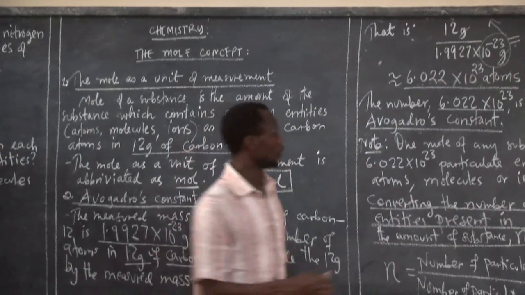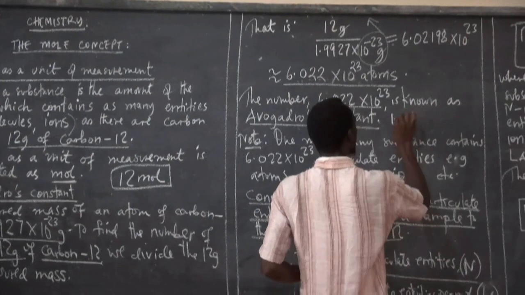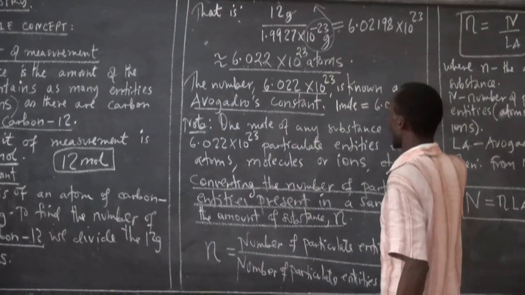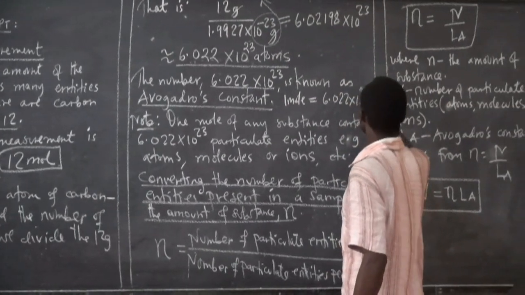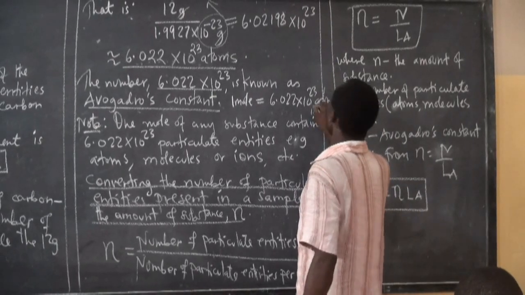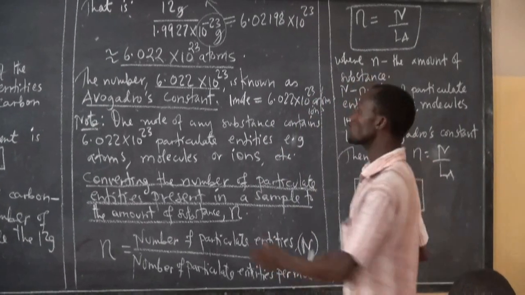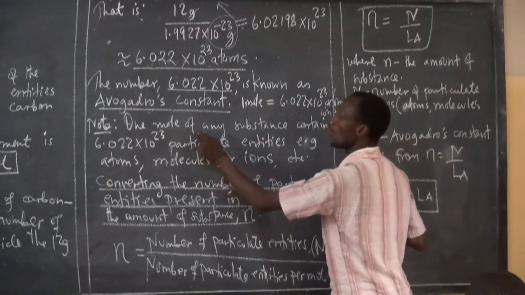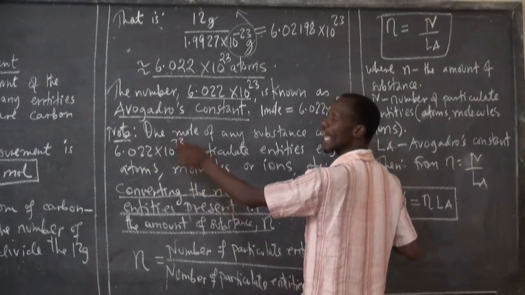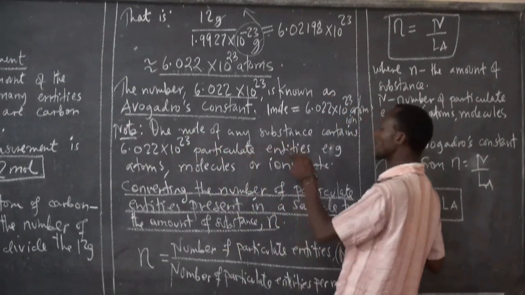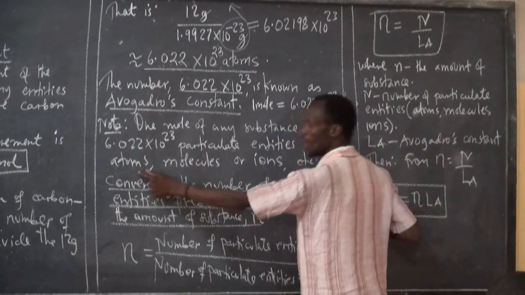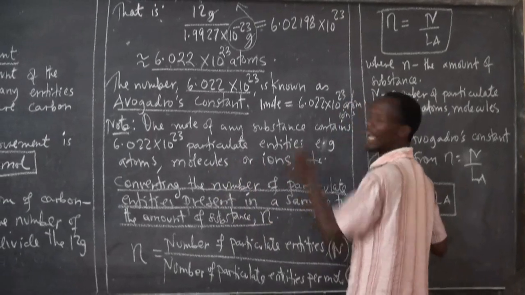That is to say, 1 mole is equal to 6.022 times 10 power 23. It may be atoms, ions, or molecules. And that is what I've written here: 1 mole of any substance contains 6.022 times 10 power 23 particulate entities, and those particulate entities may be atoms, molecules, or ions.